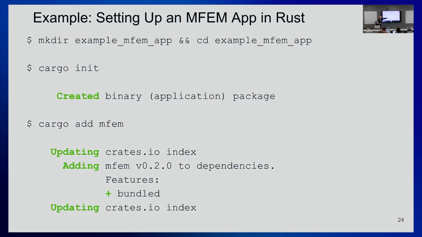It added the latest version that it found on crates.io, and its features automatically enabled. This is the default bundled, which means it will build your MFEM C++ library internally from source code that is bundled with the project, so you don't have to do anything. This will work even if you don't have MFEM installed already on your system.